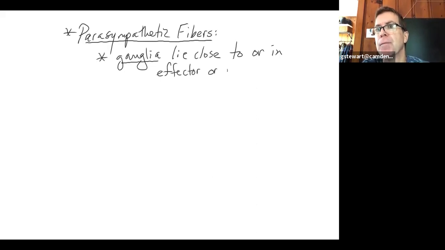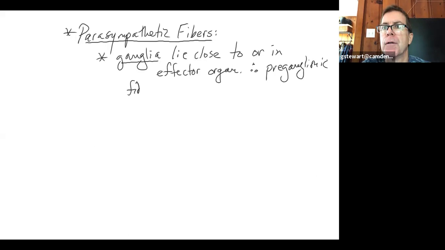That tells us, therefore, preganglionic fibers are long and post-ganglionic fibers are short, very short.